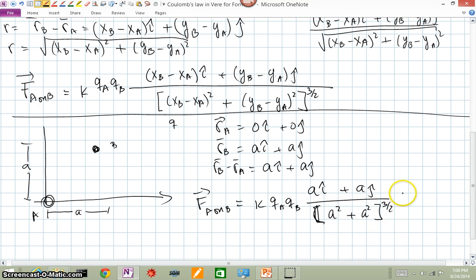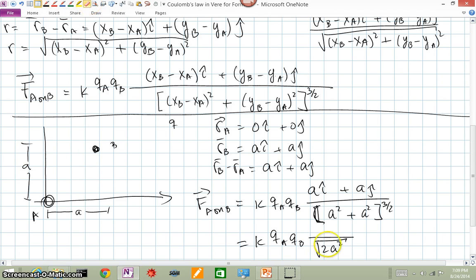And then we can rewrite this as K QA QB, and then down here I'm going to have the square root of 2a squared. Sorry, not the square root. Sorry about that.